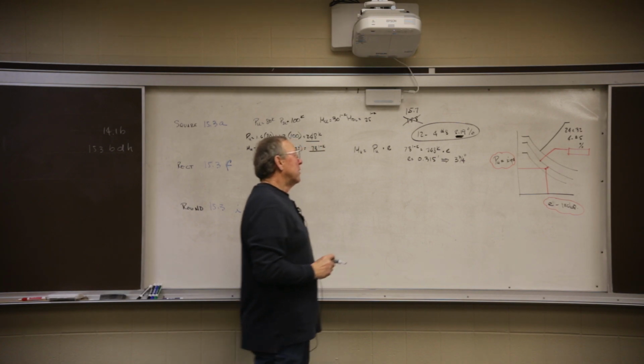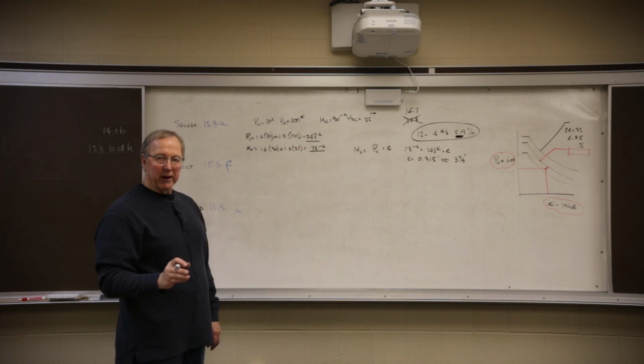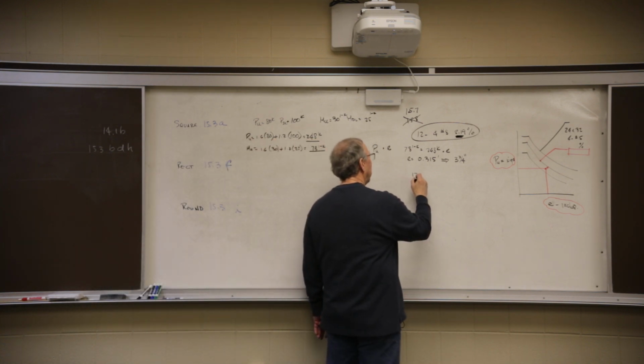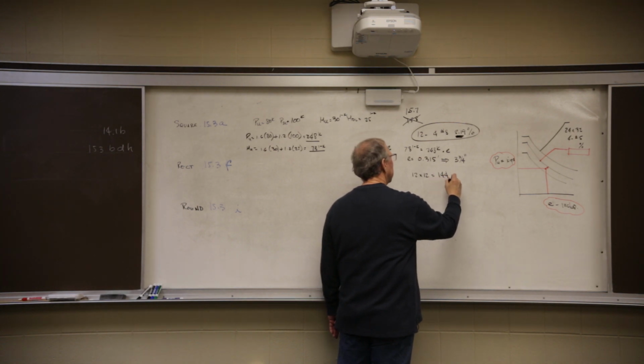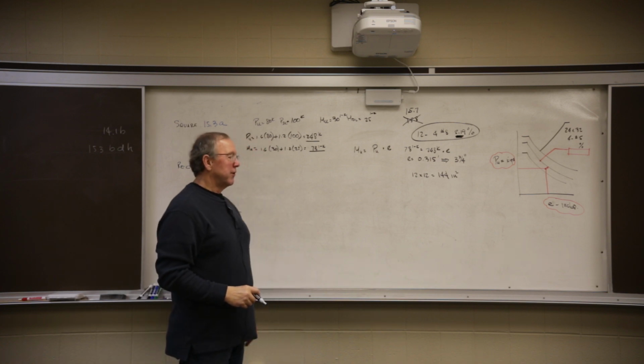That is the percent of steel based on the gross area. So if I have a gross area, 12 by 12, I got 144 square inches.